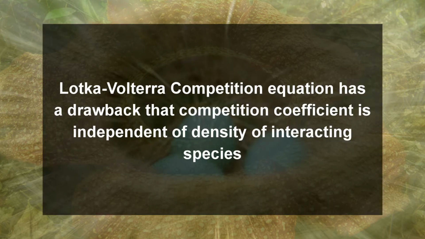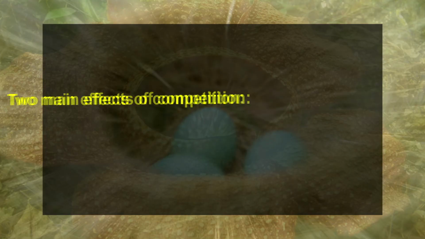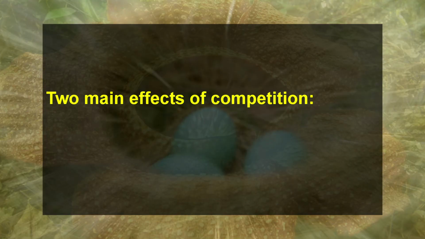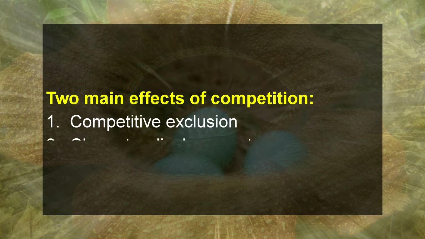The Lotka-Volterra competition equation has a drawback: the competition coefficient is independent of the density of interacting species, while studies reveal that the competition coefficient is a function of density. There are 2 main effects of competition, competitive exclusion and character displacement, on the basis of their short-term and long-term effect.